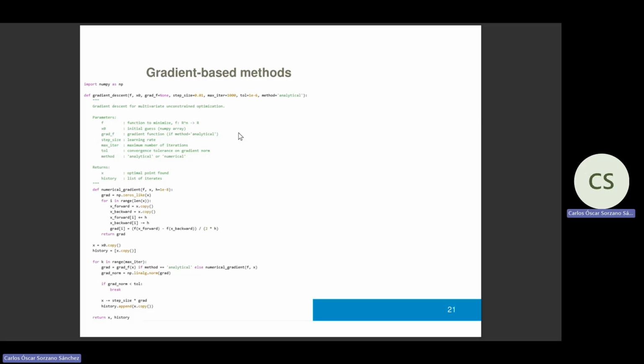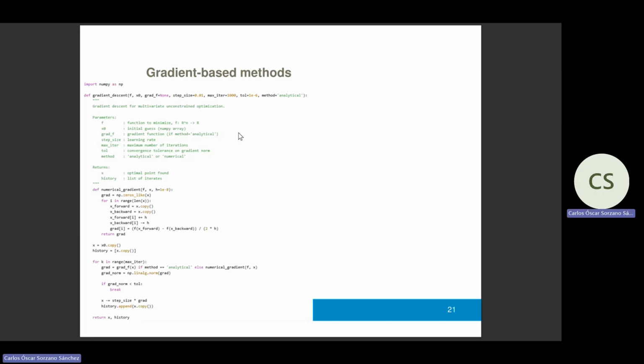If it is given the analytical gradient, you take it. But if you're not given the analytical gradient, then you compute the numerical gradient as we have said. You go over all components of x, perturb it a bit up, perturb it a bit down, evaluate the function at the two places and divide by 2h. And then you have the gradient.